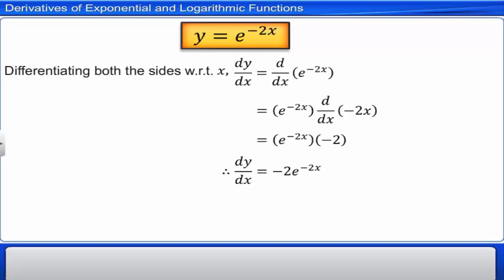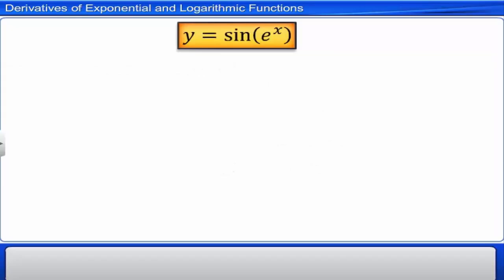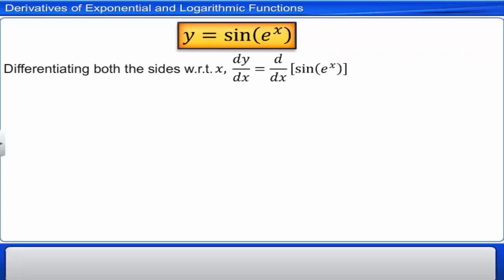Next, let's find the derivative of y is equal to sine of e raised to the power x. Differentiating both the sides with respect to x, we get dy by dx is equal to d by dx of sine of e raised to the power x.